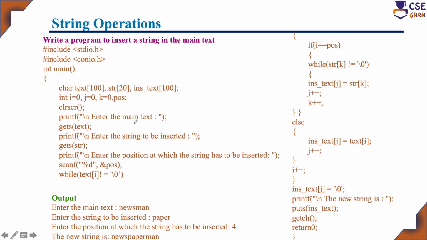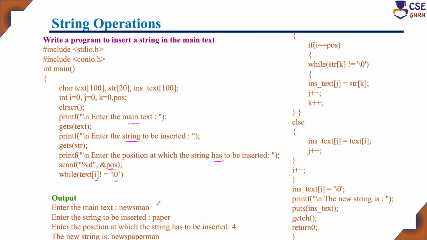So here the first input is the main text. Then enter the string to be inserted. What is the substring you want to insert? That string you need to enter, and enter the position at which the string has to be inserted. That position also you need to enter. Okay. And while text of i not equal to 0. So here if we consider i, i is nothing but 0. So text of i. What is text?